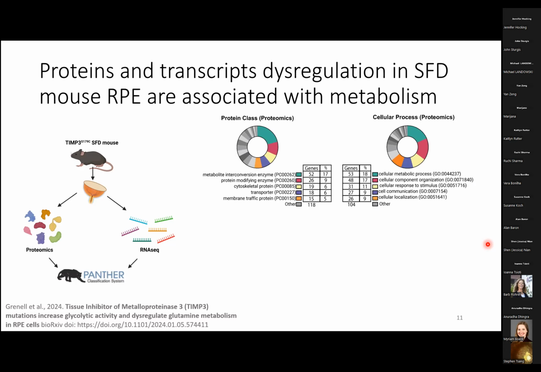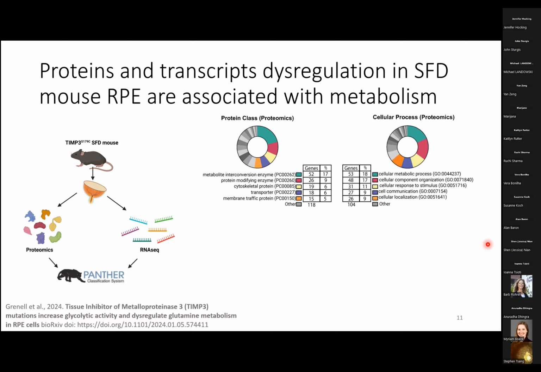These graphs here are representing the protein class and cellular processes found to be associated with the proteins that were differentially expressed between our mutant and wild type SFD RPE.